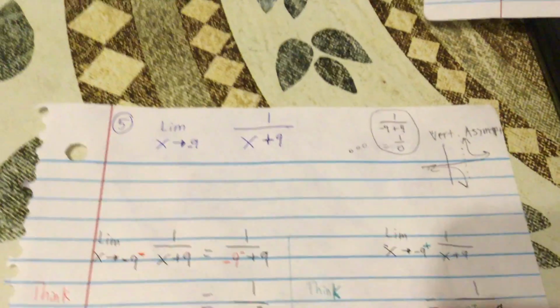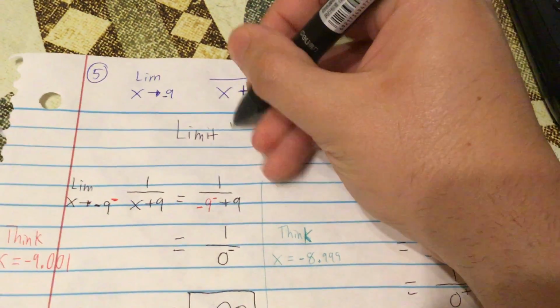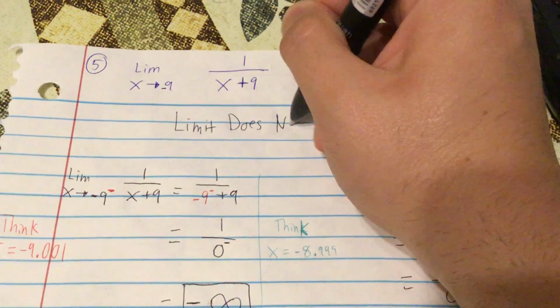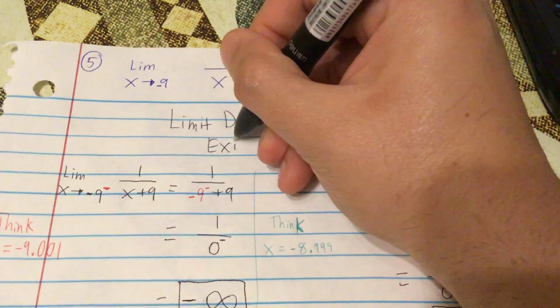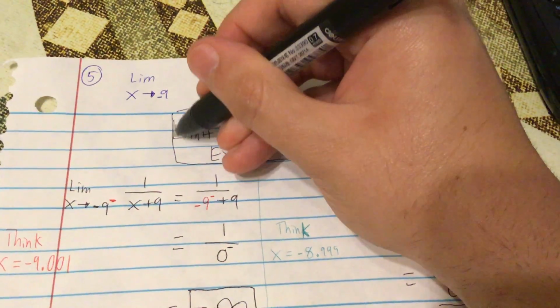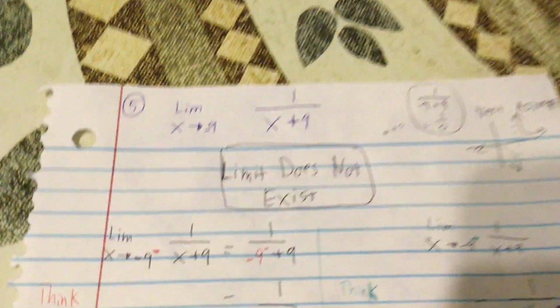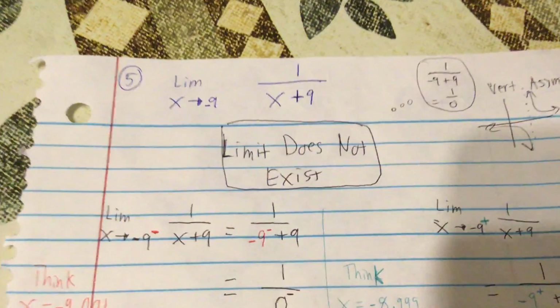So therefore, the limit does not exist. That is the answer. The left-hand limit and the right-hand limit do not agree.